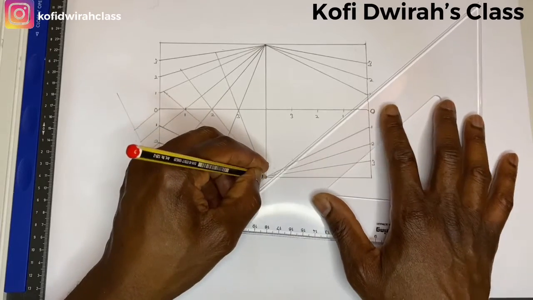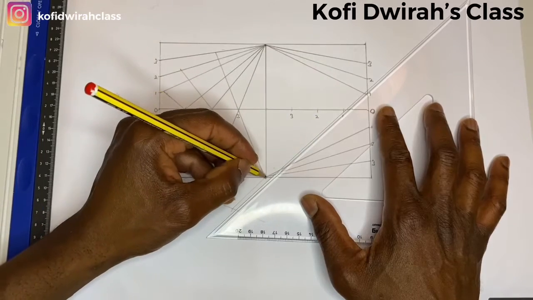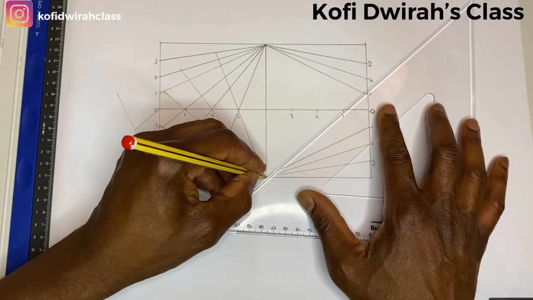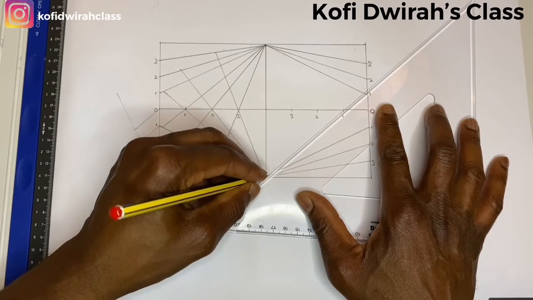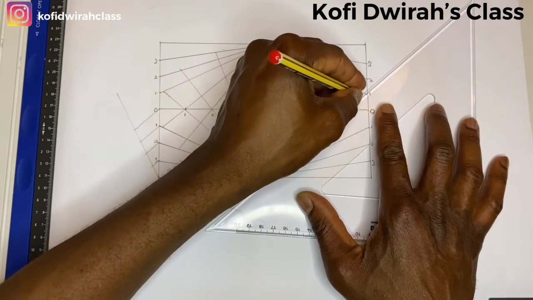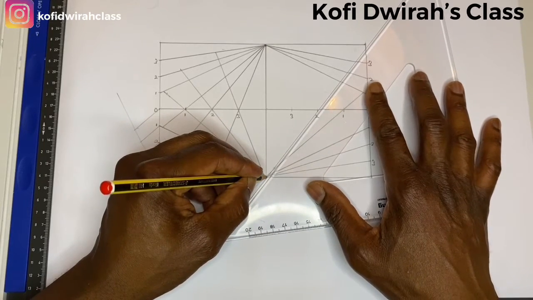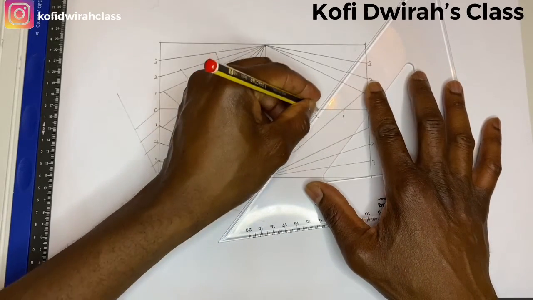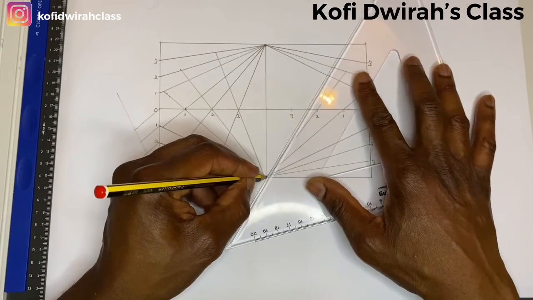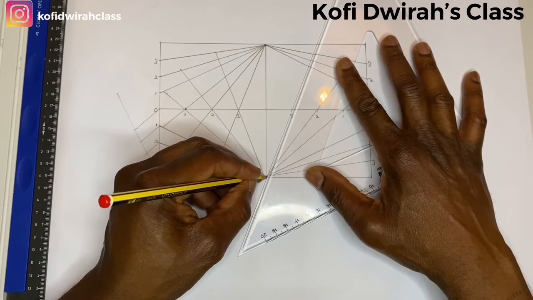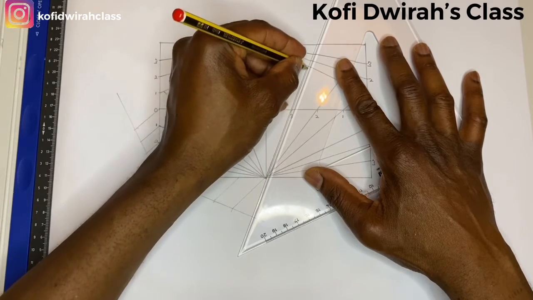From this point, you draw your line from the same point through point 1 to line 1. Then from here through point 2 to line 2. The same point through point 3 to line 3.